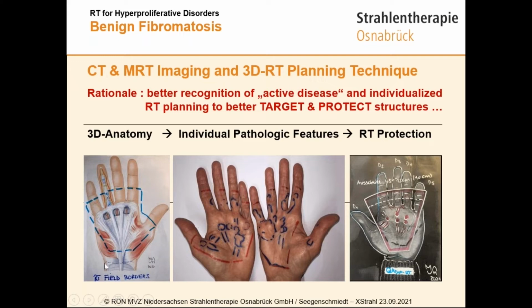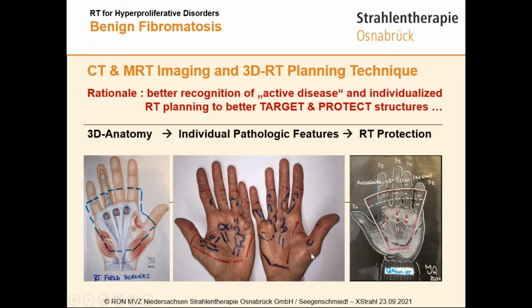Also, very rarely, Dupuytren involves the hand-wrist area. So the marked area is usually the area where 95% of Dupuytren disease can occur, with some possible involvement of fingers up to the DIP joint.